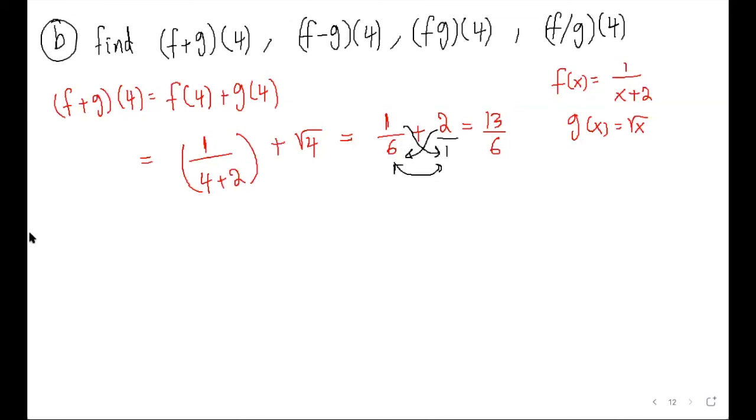Now for the second one, f minus g for x for 4. You're applying the same formula, f of 4 minus g of 4. Who will do this one? What is f of 4?